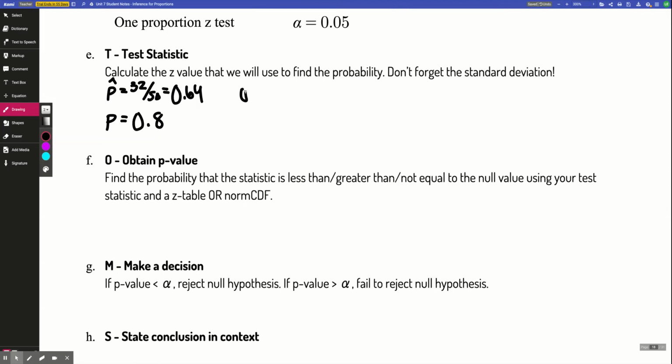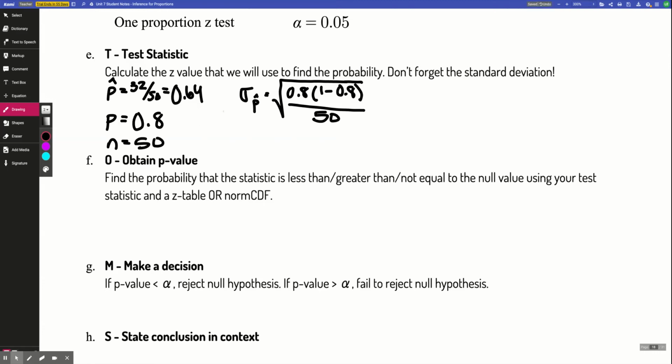Okay, then my standard deviation is the square root of P, so 0.8, times 1 minus P, so 1 minus 0.8, all divided by N, which is 50, right? So just as a reminder, your sample size here is 50, because he took 50 shots.